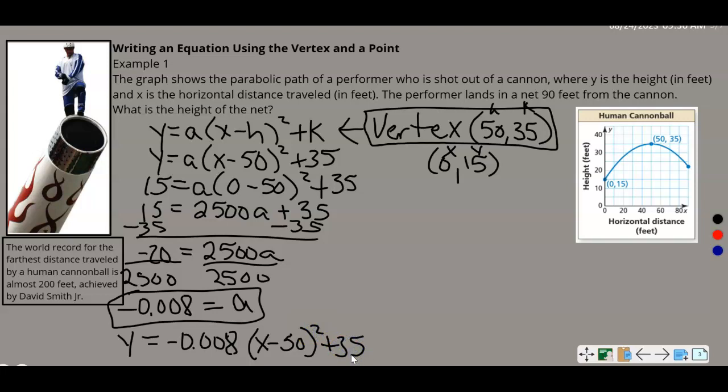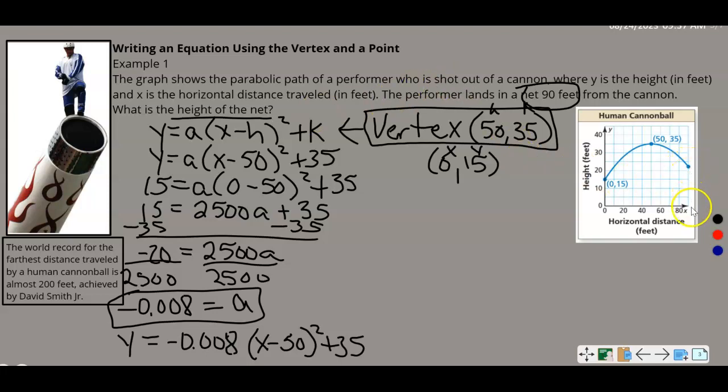It says the graph shows the parabolic path of a performer who is shot out of a cannon, where y is the height in feet and x is the horizontal distance traveled in feet. The performer lands 90 feet from the cannon. What is the height of the net? What we're going to have to do is plug in 90 to find the y value that goes with that.